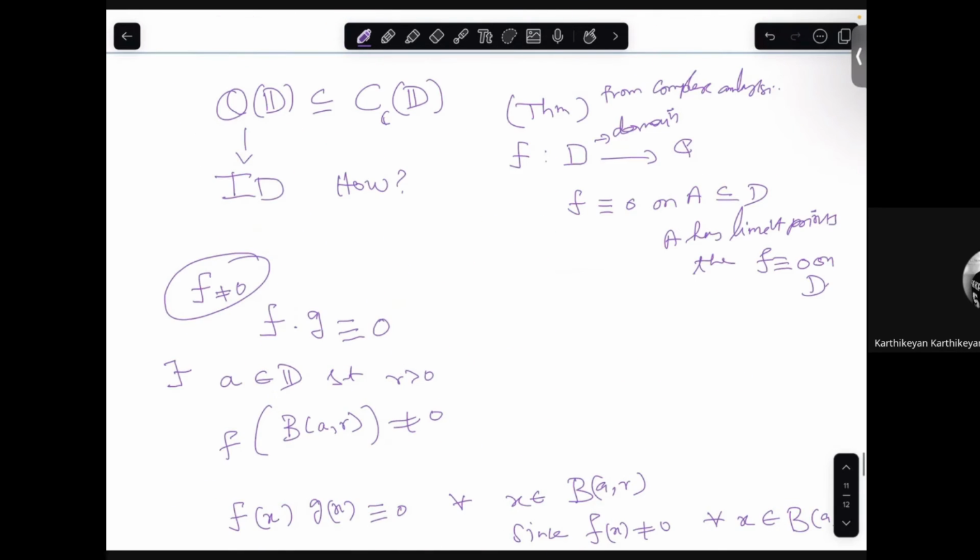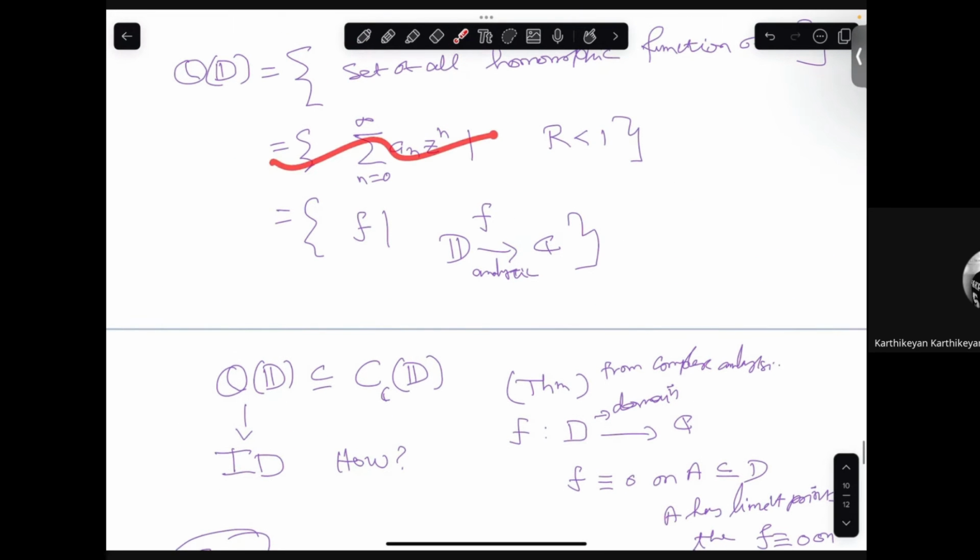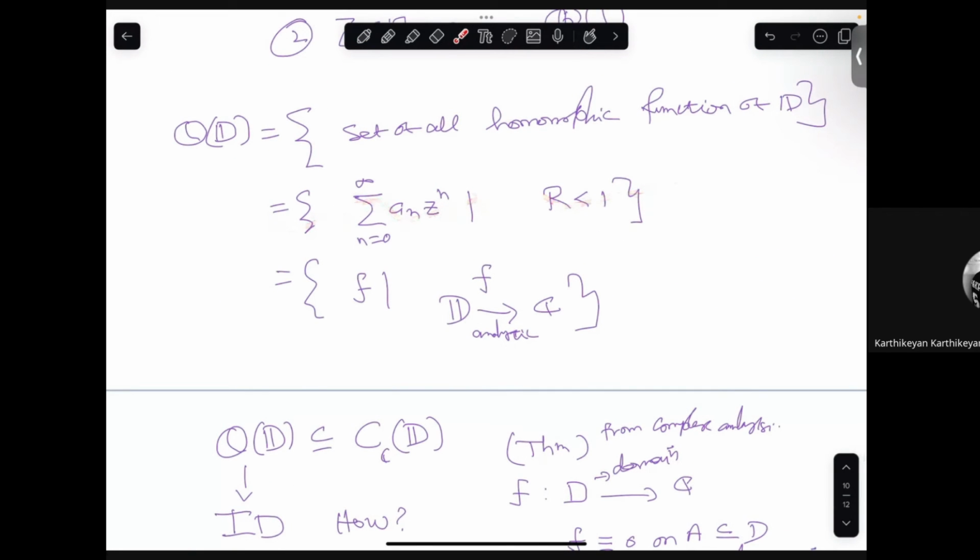That is the reason why I wrote this format. It's a Taylor series, right? So I can think of all holomorphic functions with center 0 and radius 1. It's a Taylor series of center 0 of radius 1.